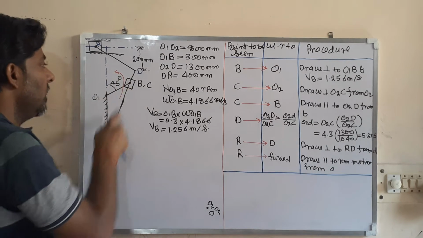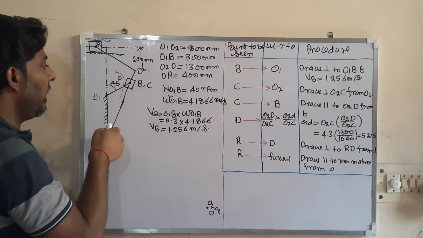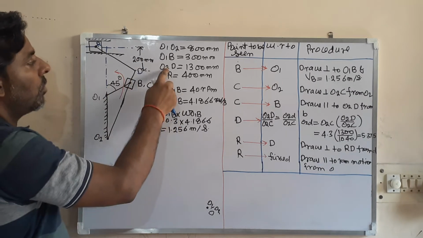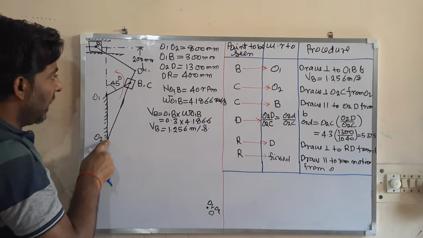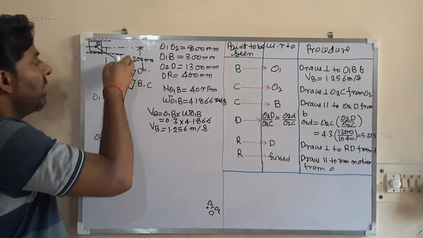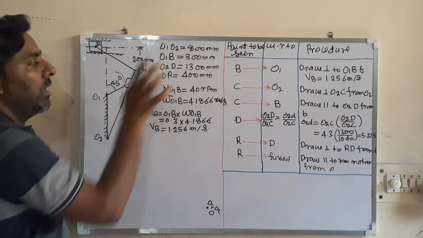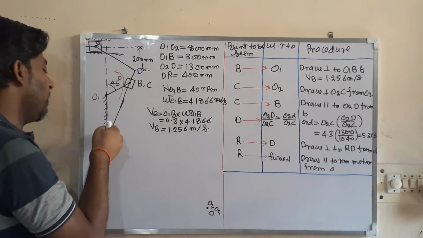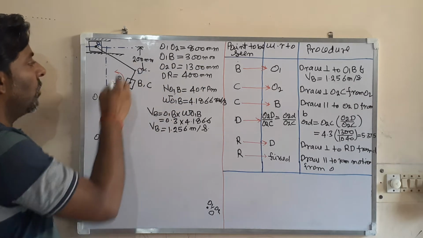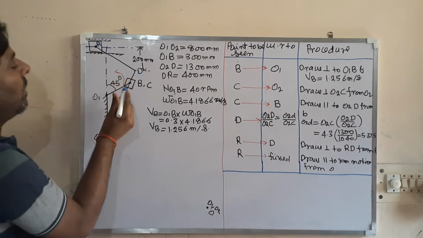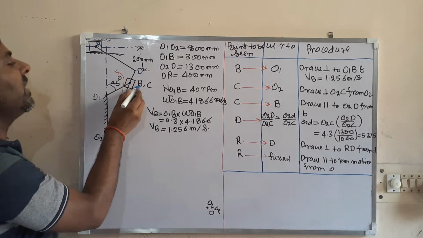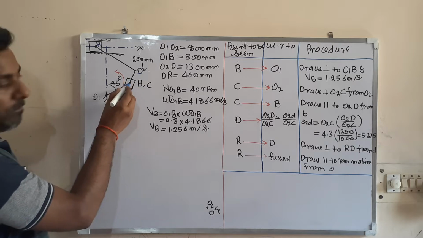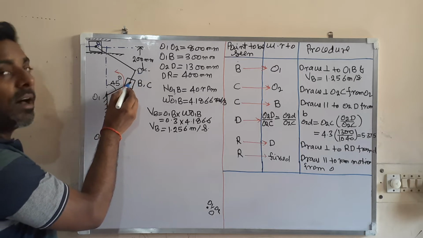Now look at this link O2D, which is passing through B. O2D is 1300, so put a scale here and extend the line equal to 1300 mm in scale. So you have drawn this O2D. On it there are two points, B and C. Point B is on the slider.